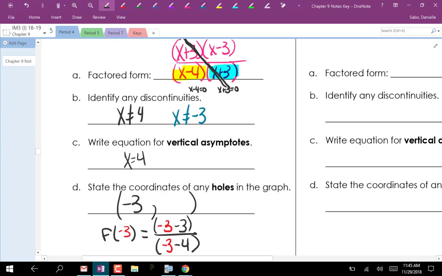So go ahead and plug that in your calculator now. So I have -3 minus 3 divided by -3 minus 4. Sorry about that. Everyone makes mistakes. Make sure you just are careful with your signs. You get a weird decimal? Let me help you guys type it in.